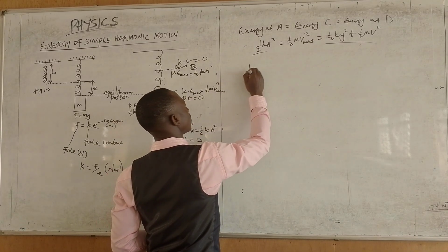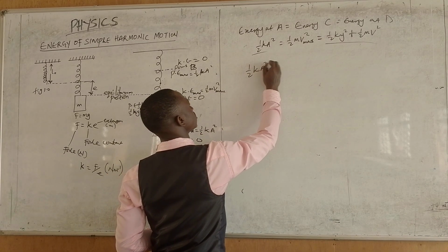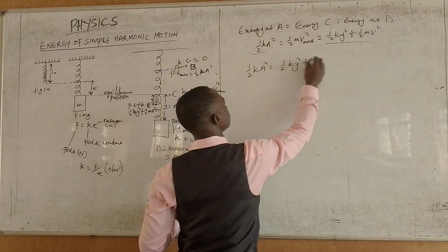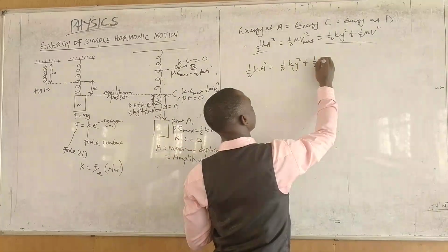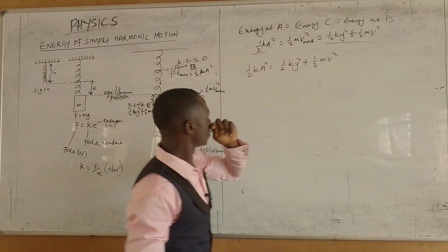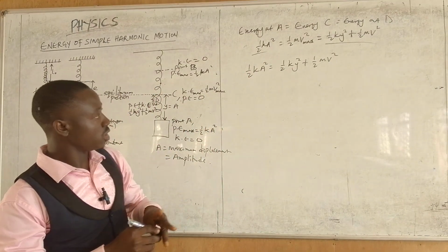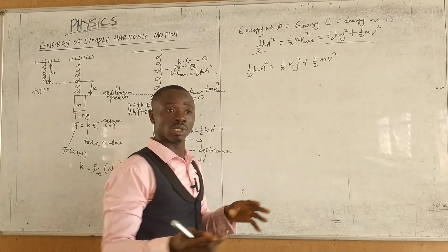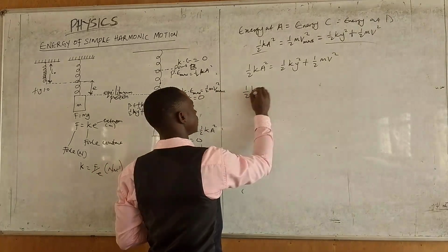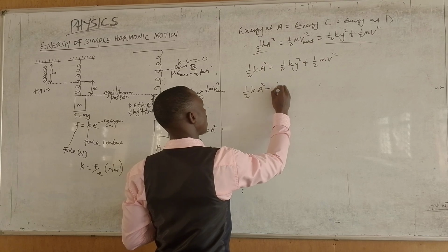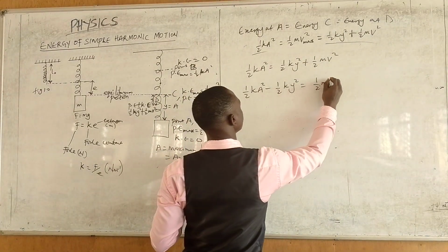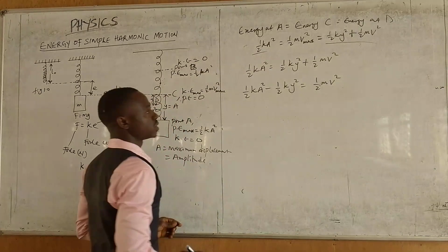Half k A squared equals half k y squared plus half mv squared. I'm equating this to this. So collecting like terms, the two potential energies, bring them together: half k A squared minus half k y squared equals half mv squared.